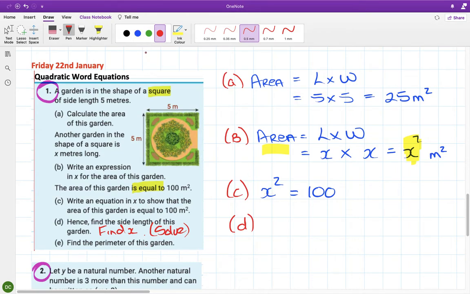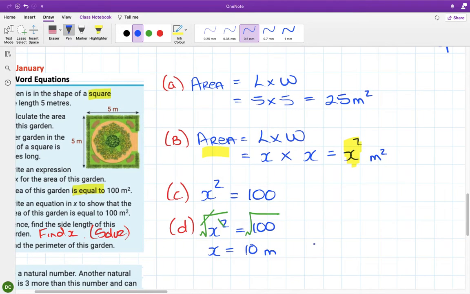There's actually two ways you can solve this, so I'll just do both. You can leave it as it is here and recognize that you don't want x squared, you want x. So if you take the square root of this, you get x equals 10 meters.